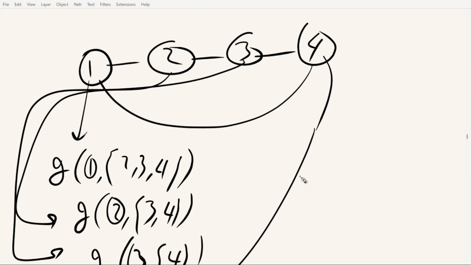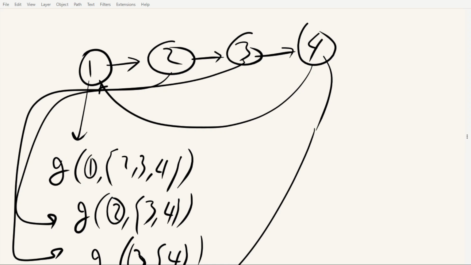So we have found one solution, and in the given diagram it is in clockwise direction like this: 1 to 2, 2 to 3, 3 to 4, and 4 back to 1. In this problem we are given an undirected graph.